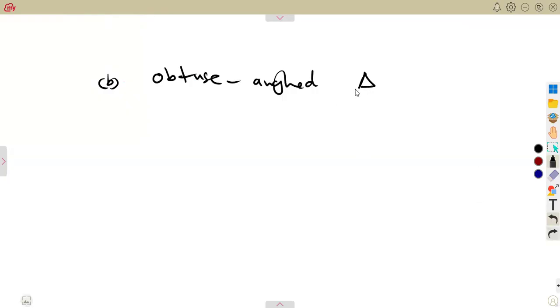So what's an obtuse angled triangle? It is one that has an angle that is more than 90 degrees. Let us consider something of this nature, where we have an obtuse angle like this.